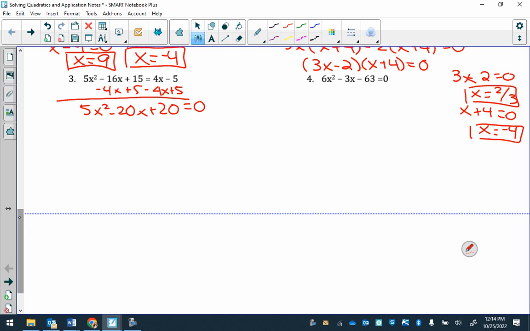So here, since 5 does not have an x, we're just dividing by 5. So we have x squared minus 4x plus 4 equals 0, divided by 5. How can I factor?